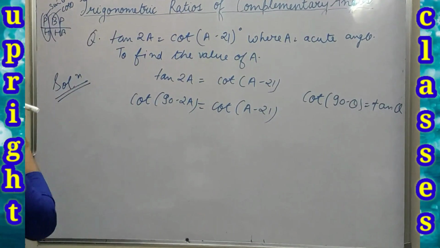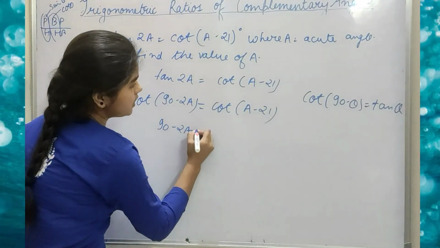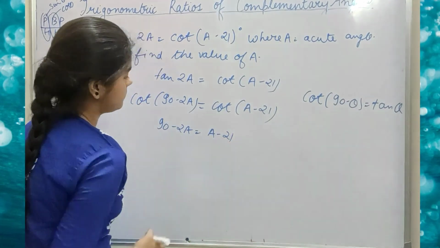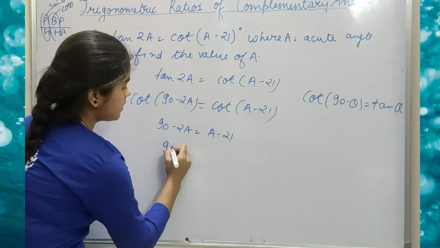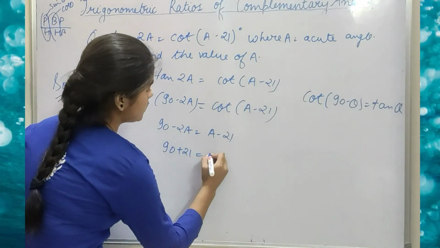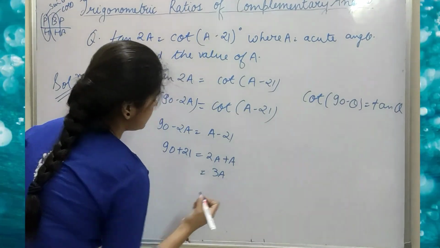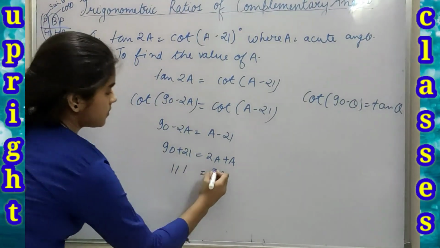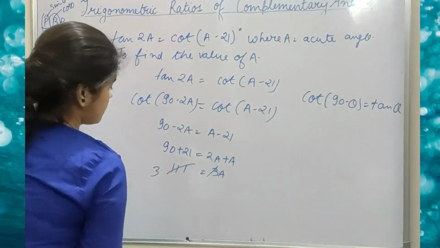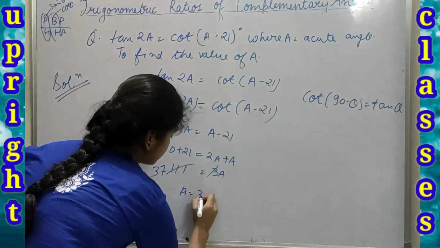Now on equating the cot ratio, you will get 90 minus 2A is equal to A minus 21. On solving this equation, you will get 90 plus 21 is equal to 2A plus A, which is equal to 3A, and here you will get 37. A is equal to 37 degree.